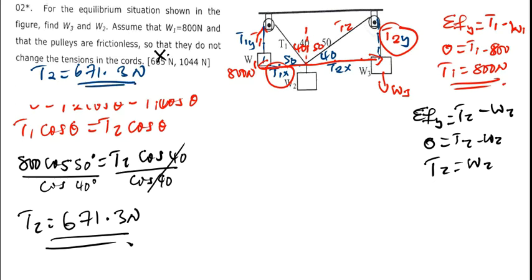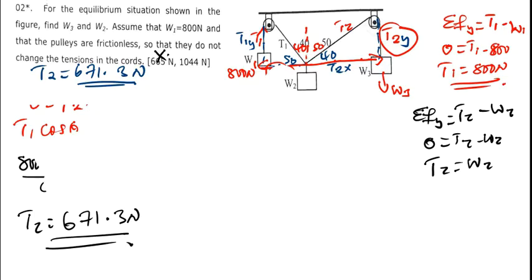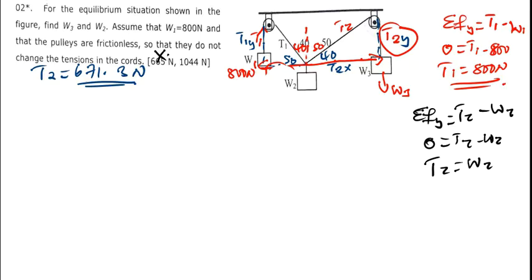Now we also need to find W2, that is in the y direction, meaning I now have to start playing around with the forces in the y direction. So then we are going to say the summation of forces in the y direction: we have T1y pointing upward plus T2y pointing upward minus the same W2, which is the weight force.